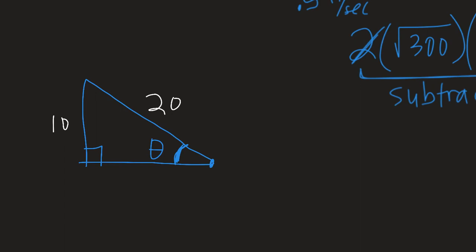So we can set up a sine. The sine of theta equals y over 20, since sine is the opposite over the hypotenuse. So sine of theta is y over 20.